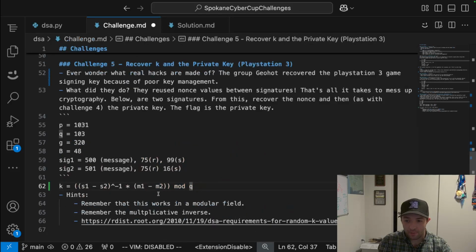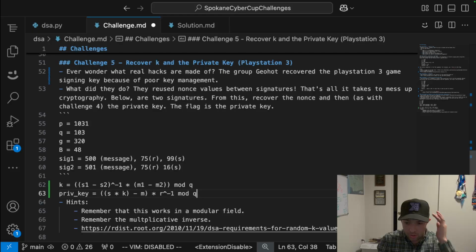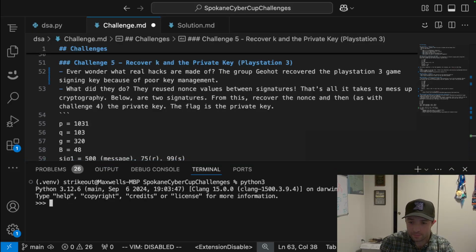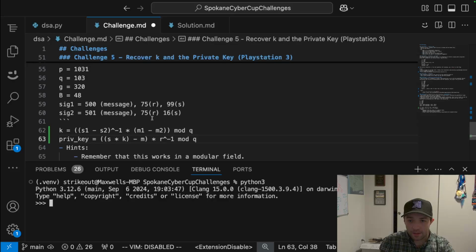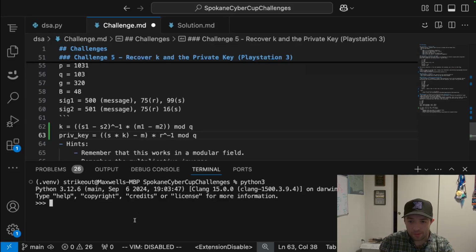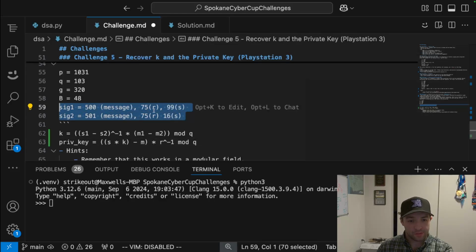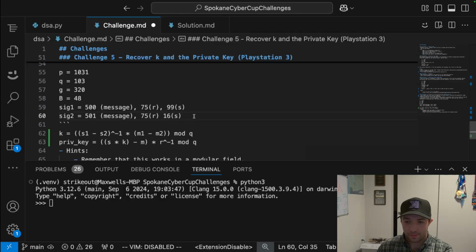So I also have that when I need it. Cool. So again, we're going to do this in Python. And we're just going to plug in some numbers. So we have the same values as before, except now we have sig1 and we have sig2. And that's an important distinction in the case here. So within the sig1, we have the message that we're signing, and then the R and the S values. And we have 2 different signatures.